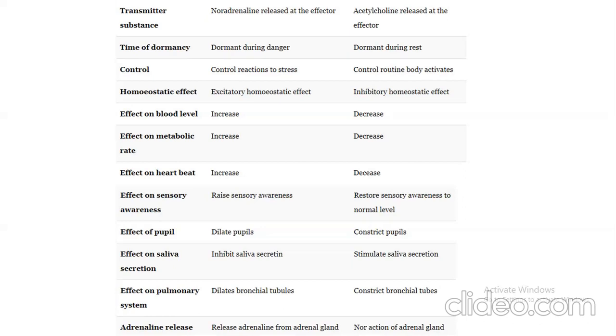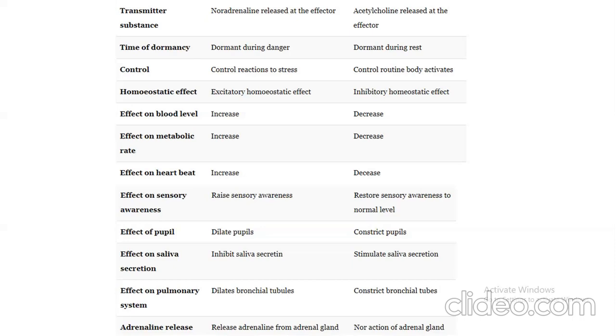Now effect on the heart: there is an increase in the sympathetic and a decrease in the parasympathetic. Effect on sensory awareness: the sympathetic raises sensory awareness, and the parasympathetic restores sensory awareness to a normal level. Now effect on the pupil: in the sympathetic the pupils get dilated, and in the parasympathetic the pupils get constricted.